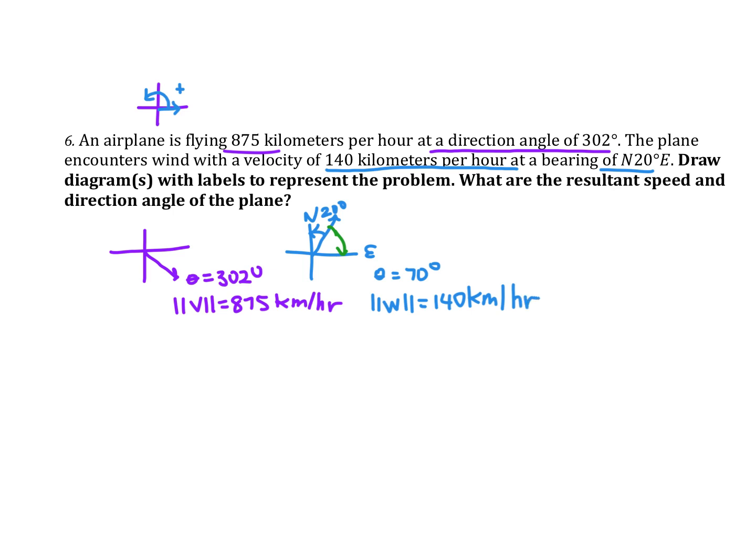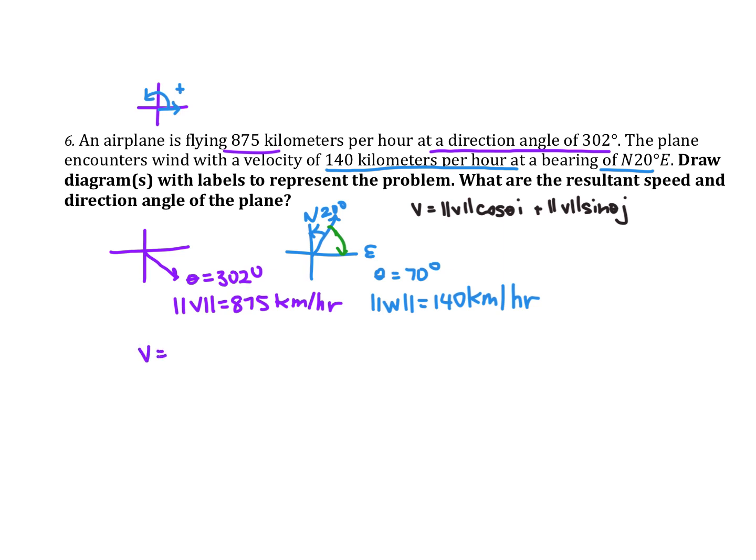So what we want to do is write our vector equation. Remember that V equals the magnitude of V cosine theta times i, plus the magnitude of V sine theta j. So let's write our equations for both the airplane and the wind.